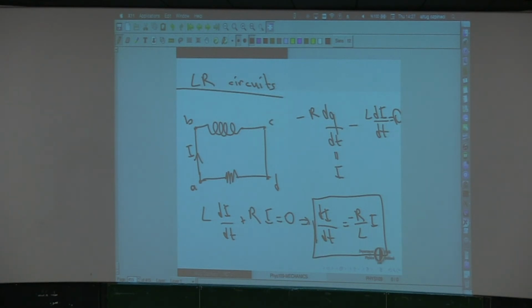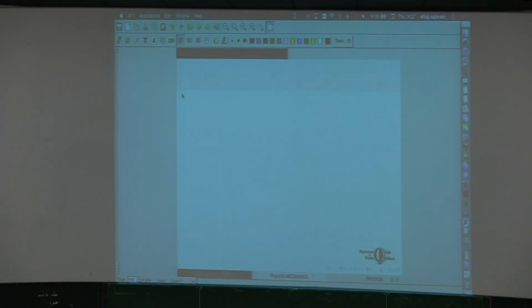Do you know any such functions? The logarithm? The derivative of the logarithm is 1 over the argument, so it's not the ln. The exponential: the derivative of the exponential is itself. So this is how the current will be changing in time.